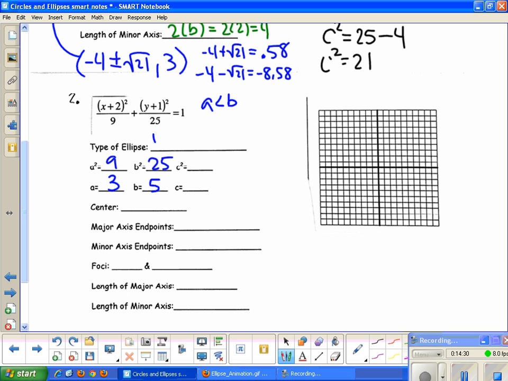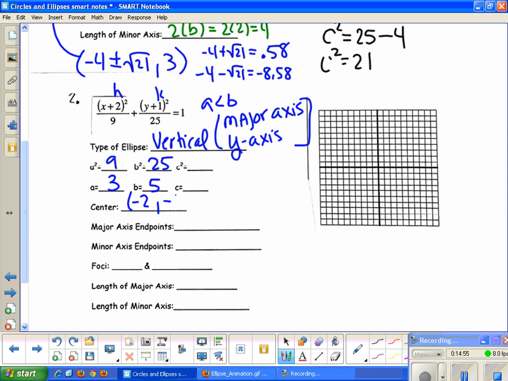Anytime a is less than b, that means we have a vertical ellipse, which means that the major axis is going to be the y-axis. The center is at, this is h and k still, because h is always with x and k is always with y, so the center is -1, -2, sorry, -2, -1.